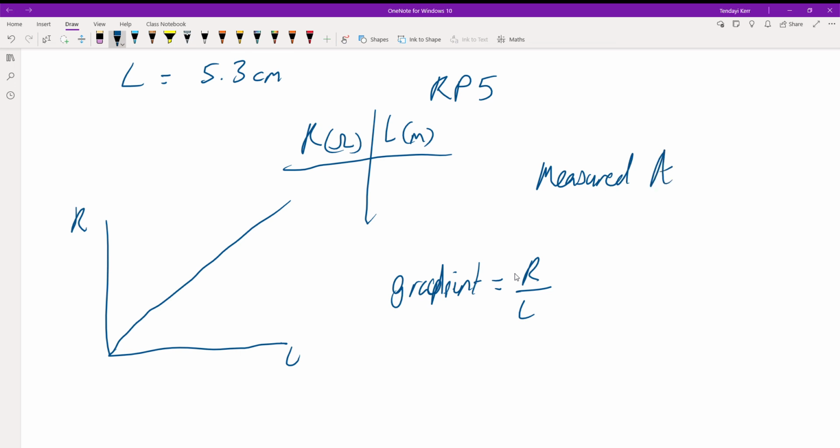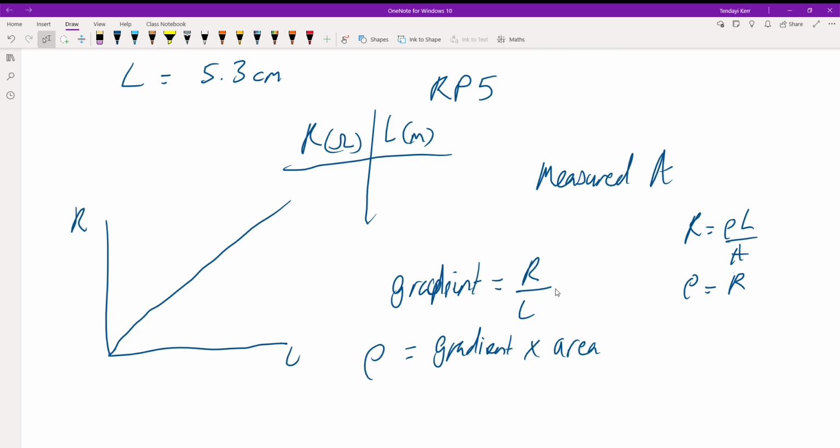So to find the resistivity rho, all we had to do was multiply the gradient by the area. That is because we know resistance is equal to rho L over A, which means resistivity is equal to the resistance over the length times the area. So that's how we calculated it experimentally.